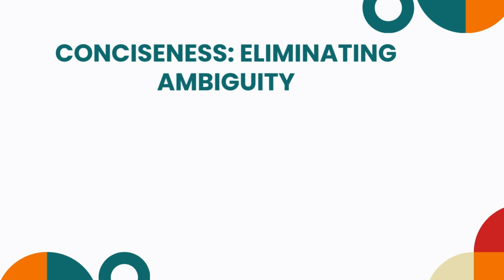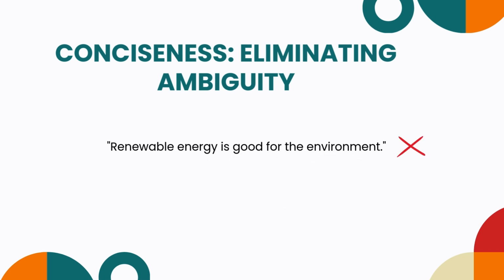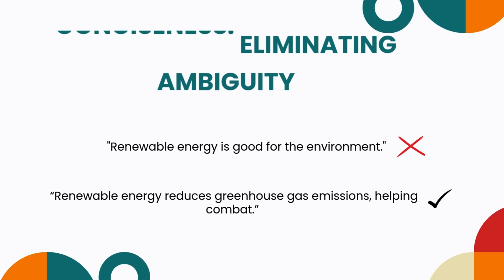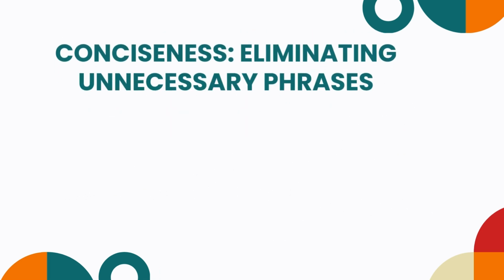Second, eliminating ambiguity. Ali needs to be clear and precise. If he says renewable energy is good for the environment, that's too vague. Instead, he can say renewable energy reduces greenhouse gas emissions, helping combat climate change. Third, eliminating unnecessary phrases.